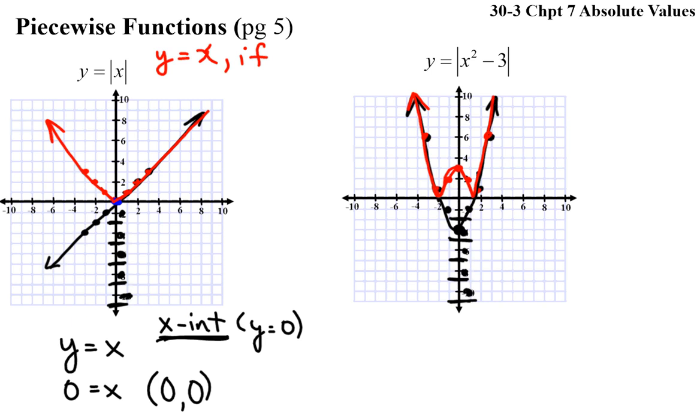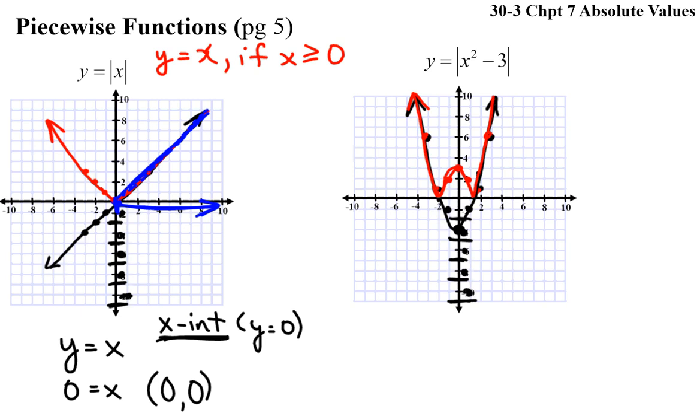The normal part, where y equals x, is where we have the invariant points, where things haven't changed. That occurs from 0 and up. So y will equal x if x is greater than or equal to 0. That's where we get the normal graph.